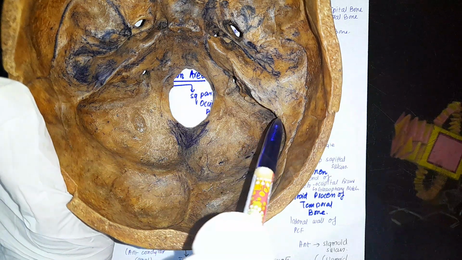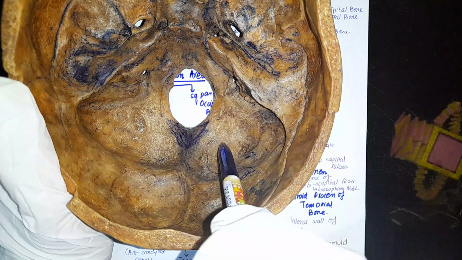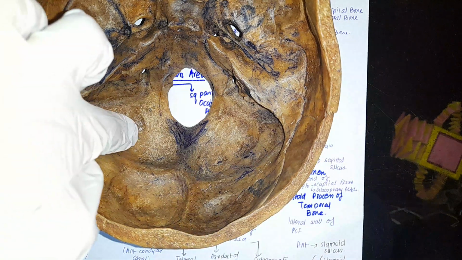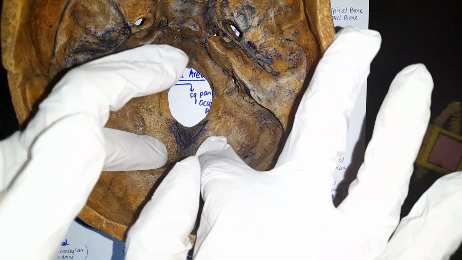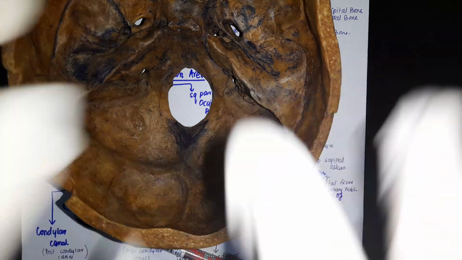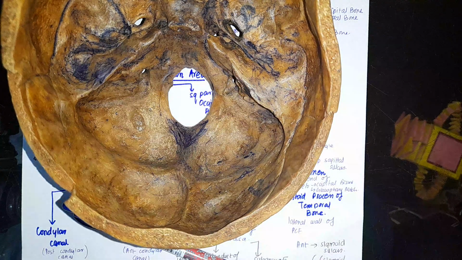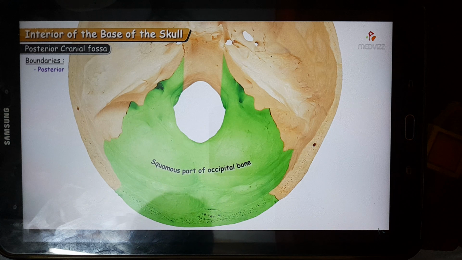So angle is of the parietal bone, whereas this groove is of the temporal bone, and it is going to lodge your cerebellum. You can easily see that you have this groove, and it shows that the two cerebellar hemispheres were present over there. Now this is actually your squamous part of the occipital bone.